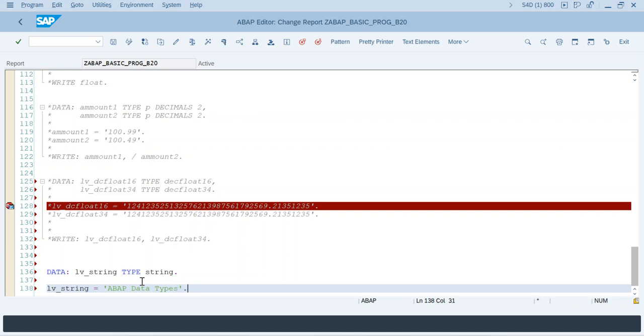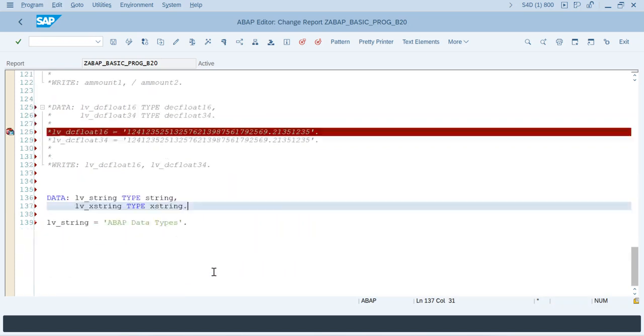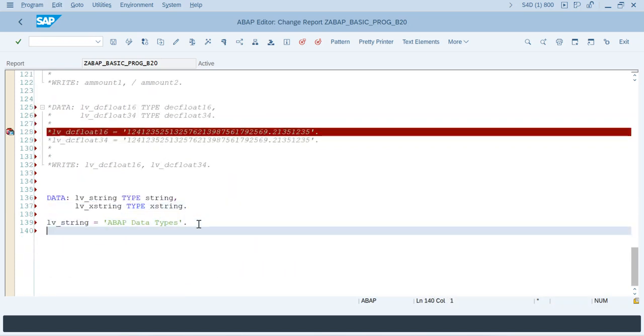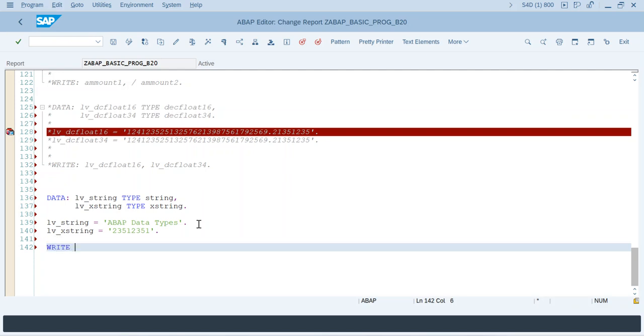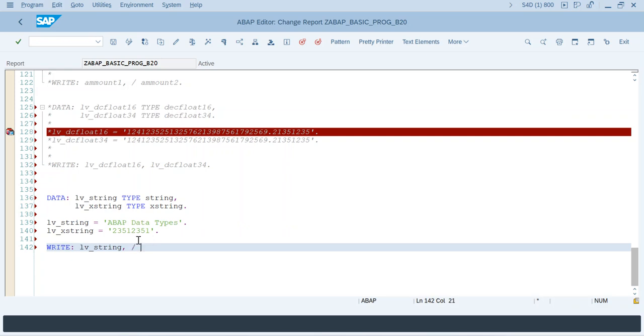I'll also declare the other data type, lv underscore XString, type XString. And let's activate.